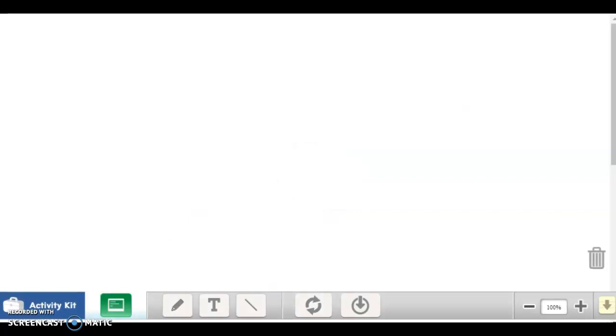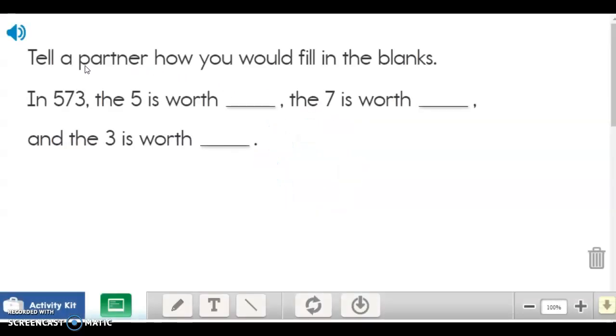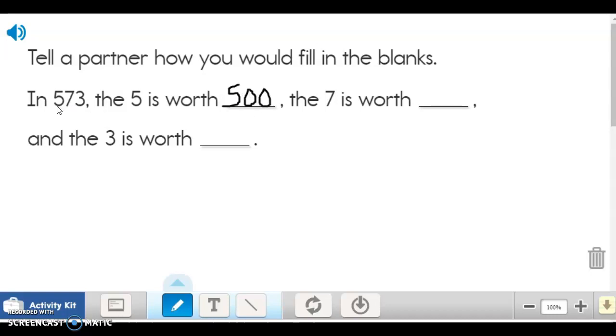Here's our next question, friends. It says, tell a partner how you would fill in the blanks. In 573, the 5 is worth 500 because the 5 is in the hundreds place.